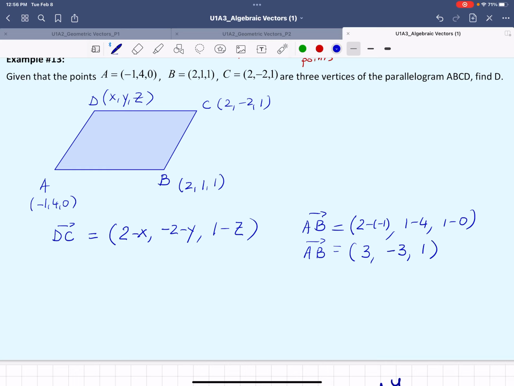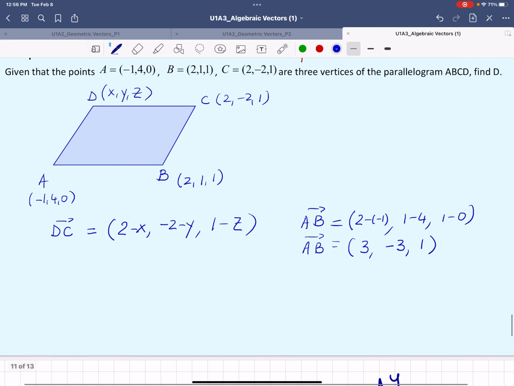Now, if we had these two vectors on the Cartesian plane, and we place them as position vectors, what do you think would happen? Would their respective position vectors have the exact same coordinates? Since these two are equal vectors, they're parallel, right? Parallel, and they have the same length, because that's a parallelogram.